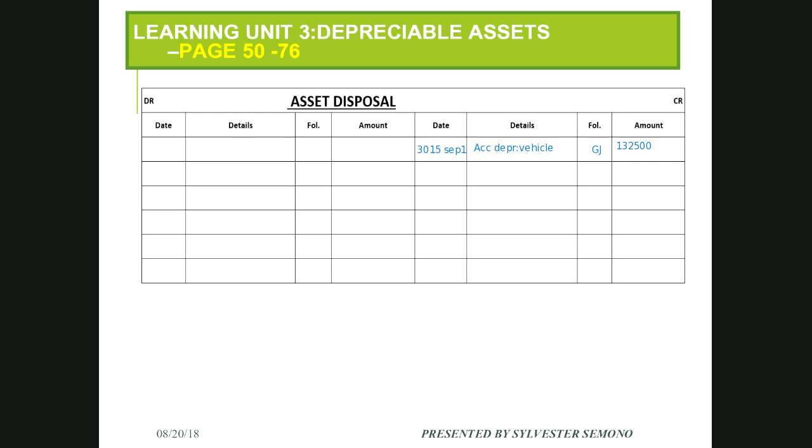Did you get that? Profit or loss on the sale of assets. That is step number 4. In a nutshell, to know whether we made profit or loss, we just have to balance the asset disposal account.